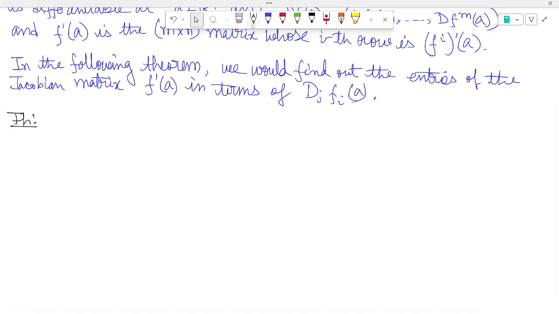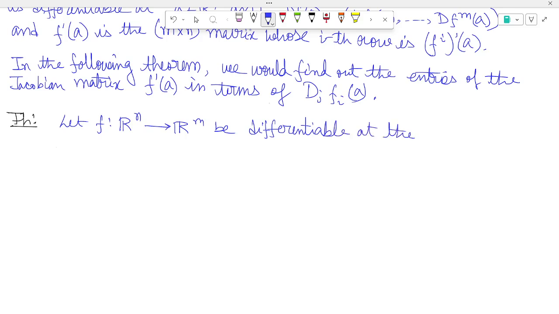What is the statement of the theorem? Let f be a differentiable function, f equal to (f1, ..., fm).